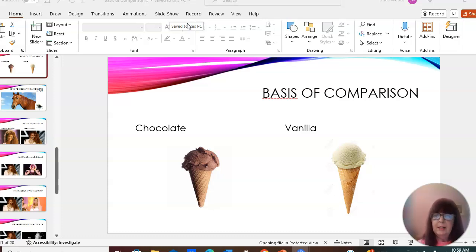Usually when we write comparison and contrast essays, the reason or the justification for the essay is that we're creating an argument. Now, this may not be true in every case, but it's true for the biggest majority of comparison and contrast essays.